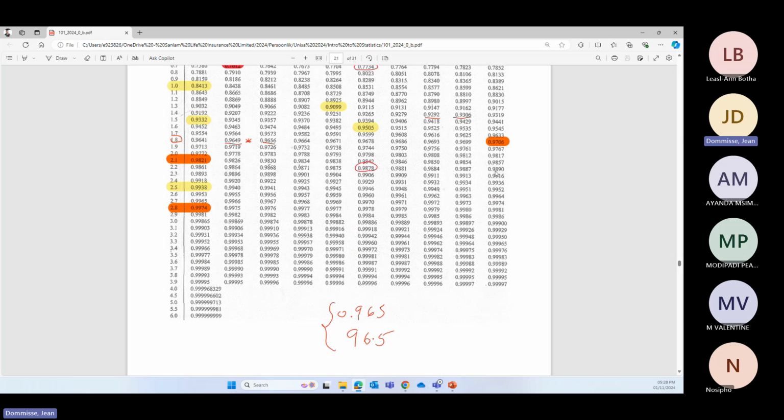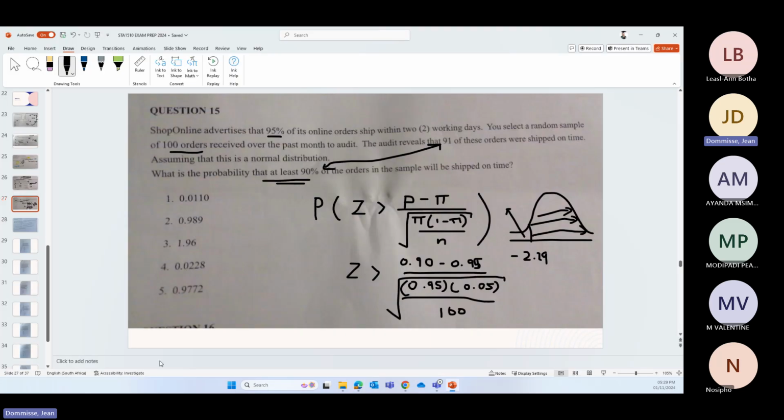2.29, 0.989. So it is actually there. So is that one given to us to confuse us?